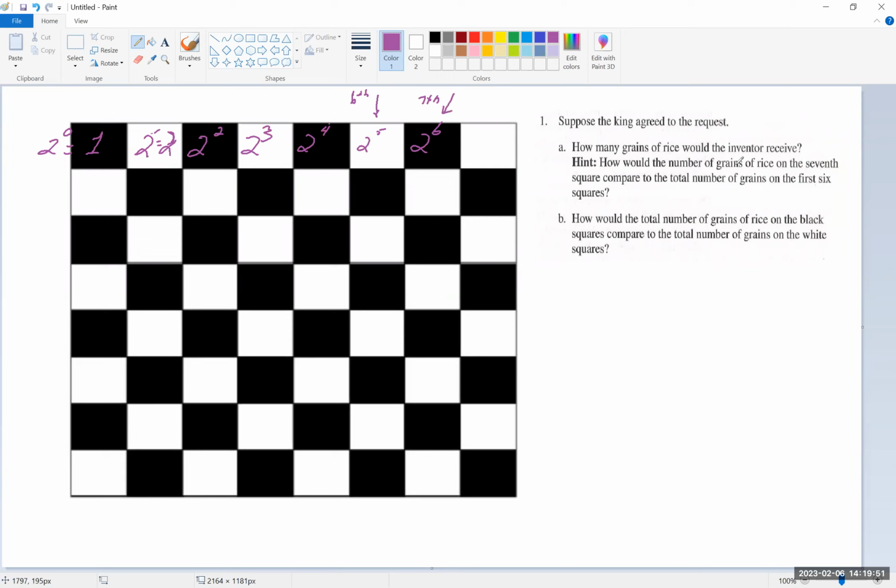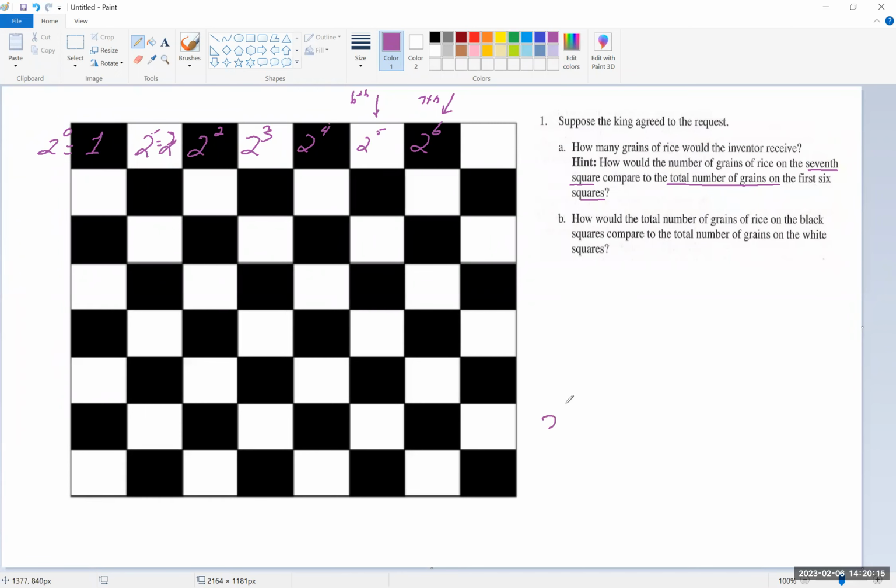So they want us to look at how does the 7th square compare to the total grains on the first 6. So on the 7th, we'll compute that. We might as well do that over here.